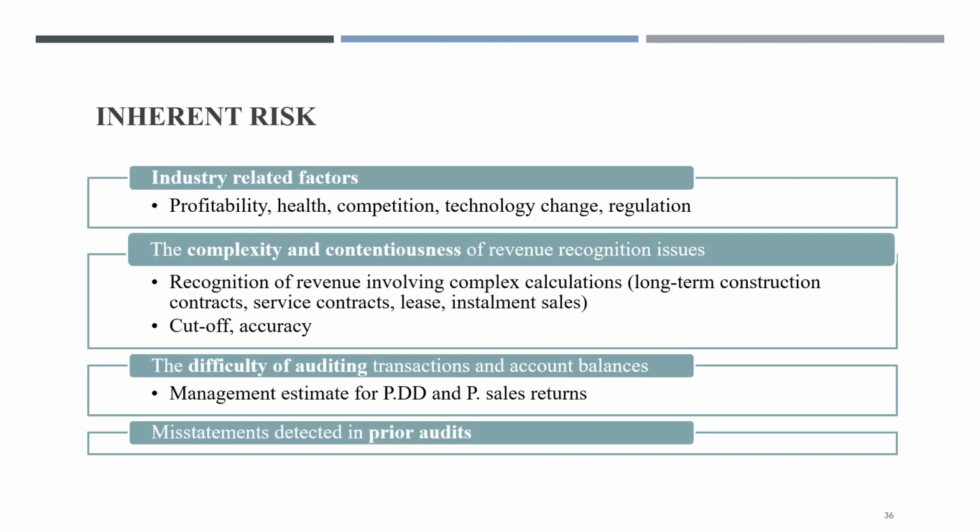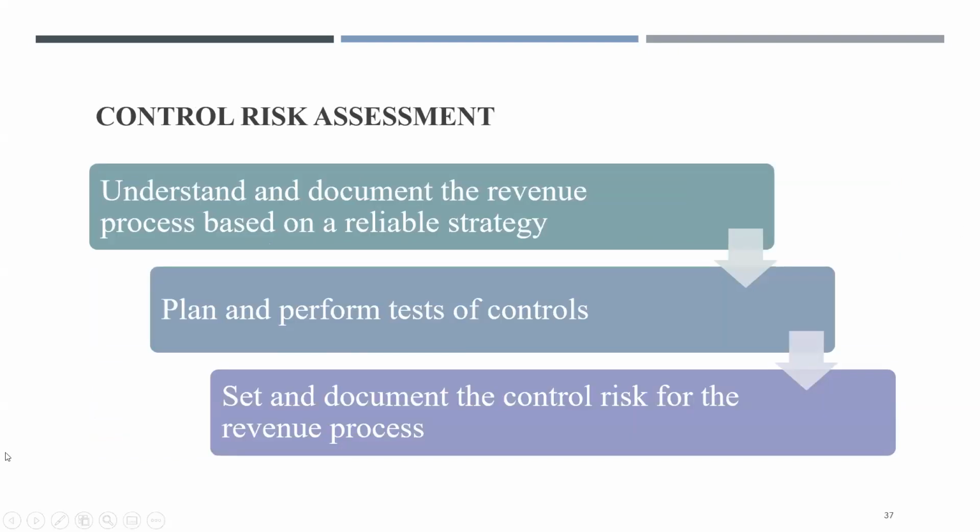If last year in this company your assessed inherent risk was very high, this year it tends to be still very high, because usually the fundamental transactions and fundamental business wouldn't change. The fundamental controls wouldn't change as well, usually. Okay, so after considering the inherent risk assessment, you go to the control risk assessment.